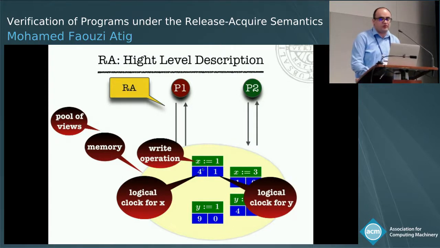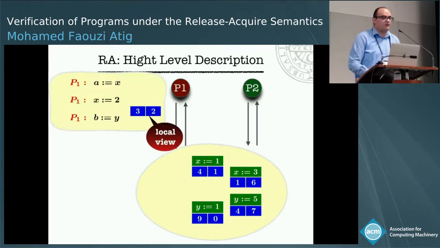For example, here the timestamp of X is 4, and the timestamp of Y is 1. And then for the configuration of the process, we also have its own local view of the memory. For example, its timestamp for the variable X is 3, and its timestamp for the variable Y is equal to 2.